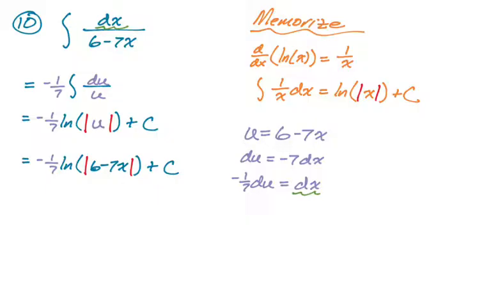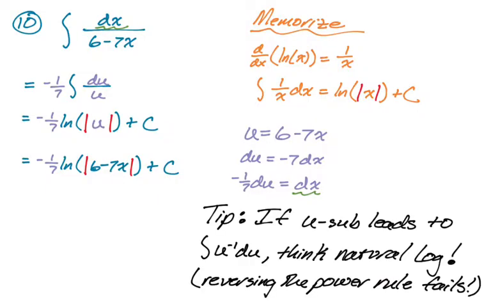All right, so what is the tip here? The tip here, we didn't really run into it, but if you use u-substitution and it leads you to the integral of u to the negative first du, which this did. Look at that first step. We got negative 1/7 the integral of du over u. If you're in the mindset of reversing the power rule, you would rewrite that as u to the negative first and then do plus 1 times the reciprocal.